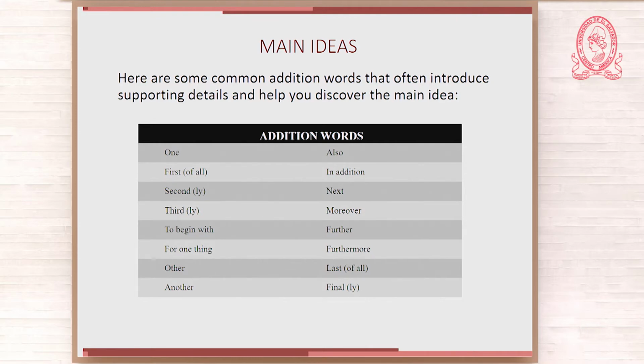Here are some common addition words that often introduce supporting details and help you discover the main idea: first or first of all; second or secondly; third or thirdly; to begin with; for one thing; other; another; also; in addition; next; moreover; further or furthermore; last or last of all; final or finally.